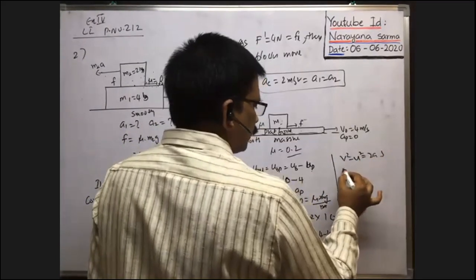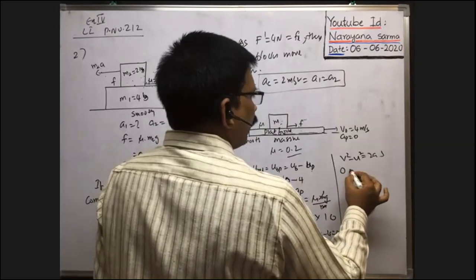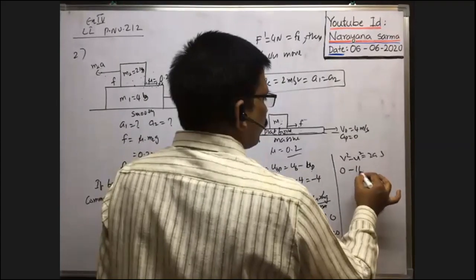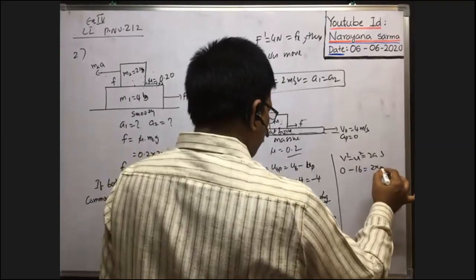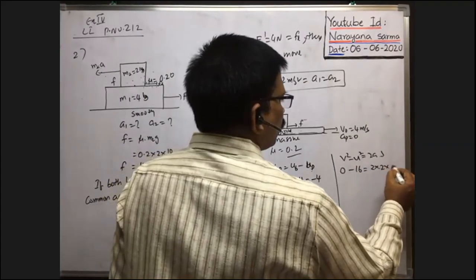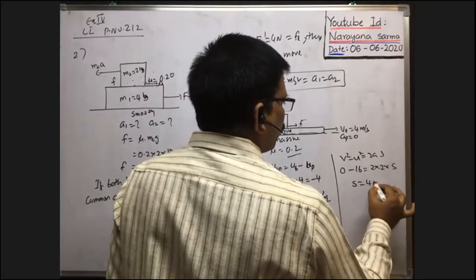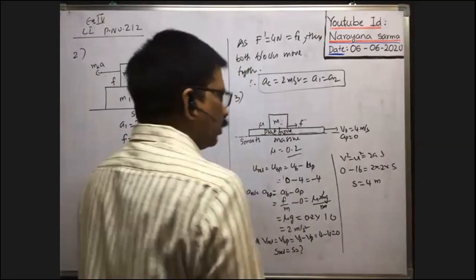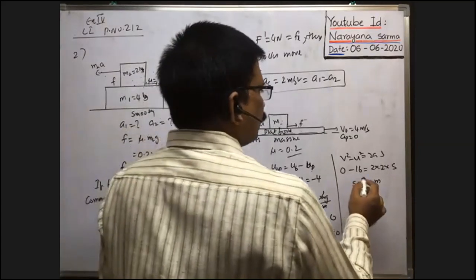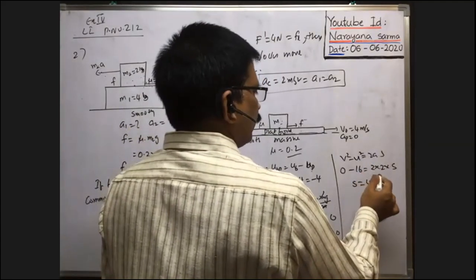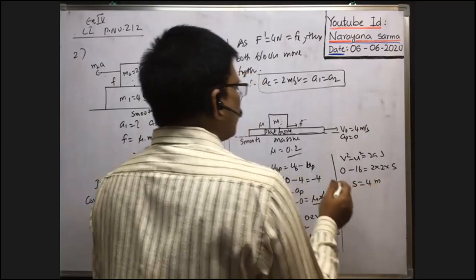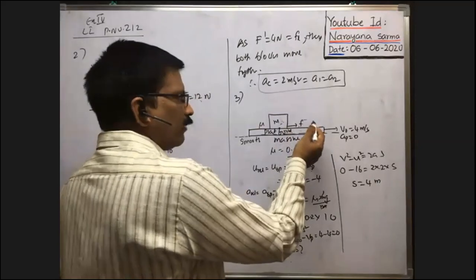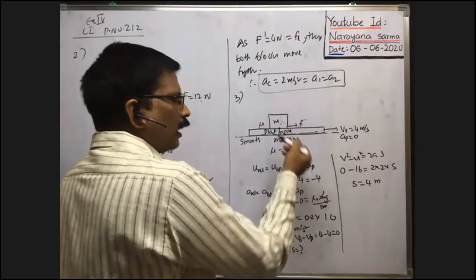V square means 0, minus u square means minus 4 whole square, which is 16. 2a means 2 into s. S is equal to 4 meter, no? So 2 into a into s. S is equal to minus 4 meter. Minus 4 represents that with respect to the platform, the block seems to travel in the opposite direction. So 4 meter is the answer.